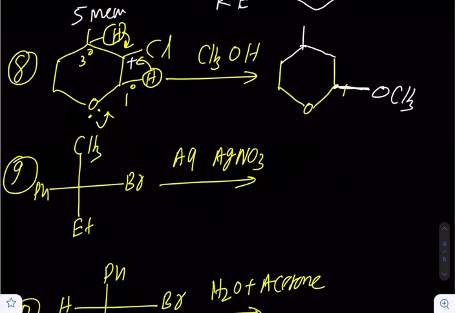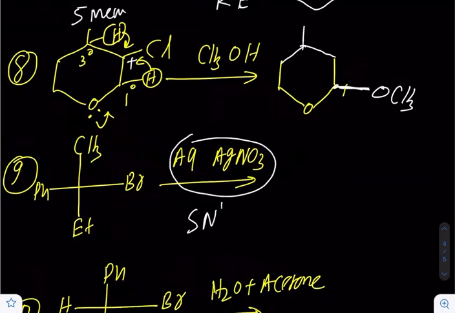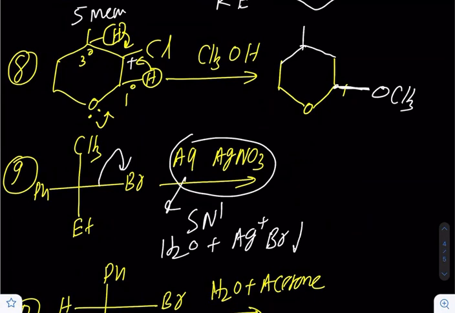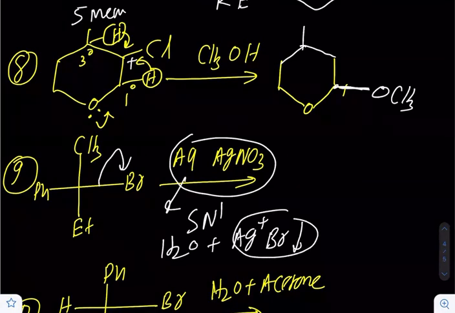Next case, aqueous AgNO3. Aqueous AgNO3 is also an SN1 reaction. Aqueous means water and AgNO3 means Ag plus. So Ag plus, and here the leaving group is Br. AgBr forms as a precipitate. So the SN1 reaction is faster in the case of AgNO3. So sometimes we also have aqueous AgNO3 in an SN1 reaction.